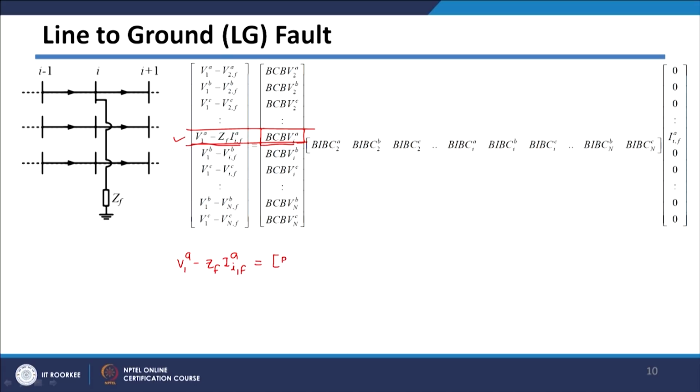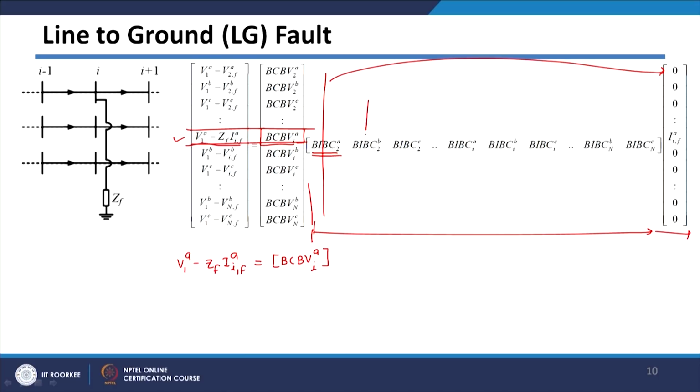BCBV of ith bus and A phase. If you observe this part of the matrix from here to here, this whole column of BIBC will get multiplied by 0, this column will get multiplied by 0, and this column will get multiplied by 0.